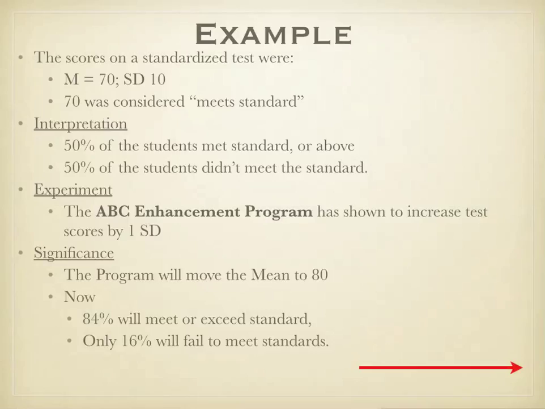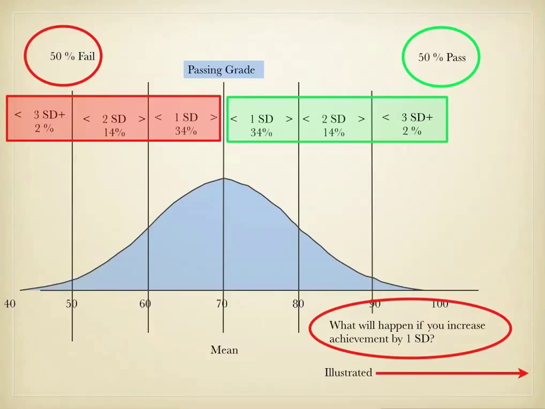So let's just say, for example, that there was this enhancement program, and it was shown through various studies that it increased the scores of a population group by one standard deviation. What would that mean? Let's take this example again and say that here's the passing grade, and the average score was 70 and the standard deviation was 10.